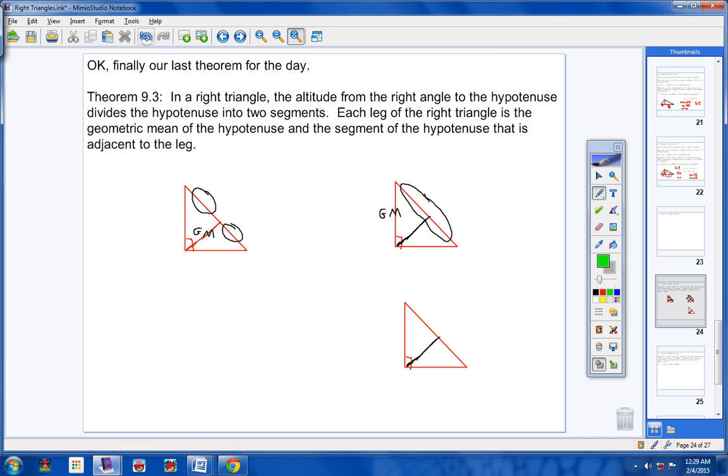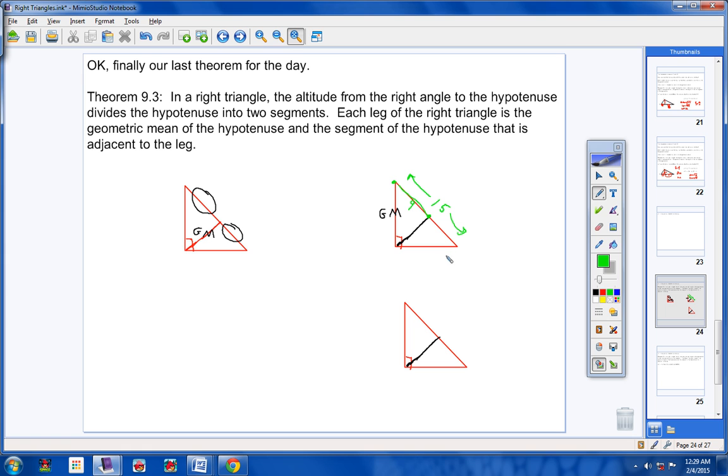So, let's pretend this whole length was 15 from here to here, and this length from here to here was, I don't know, 9. This length right here is the geometric mean of 9 and 15. Now take some good notes. You know what kind of notes to write down so you won't forget that, okay? The length of this leg is the geometric mean of this length and the whole hypotenuse.